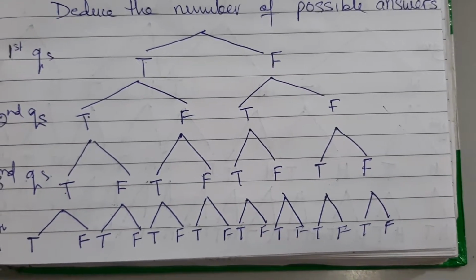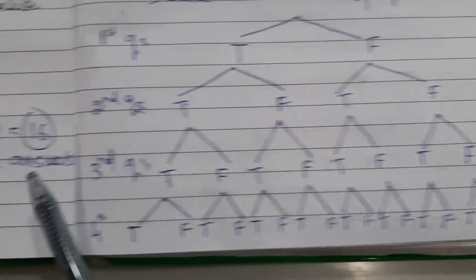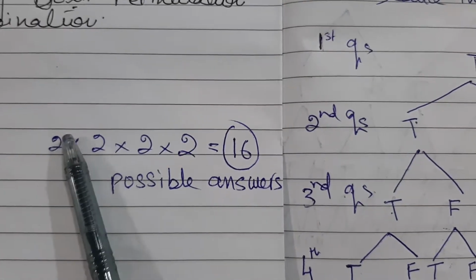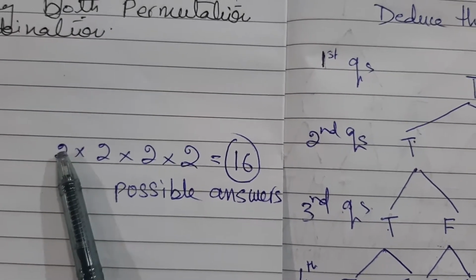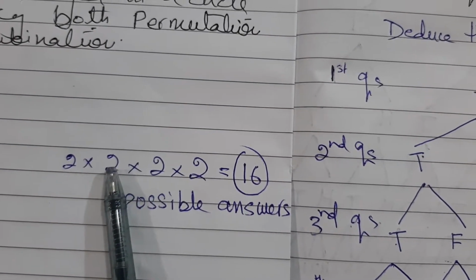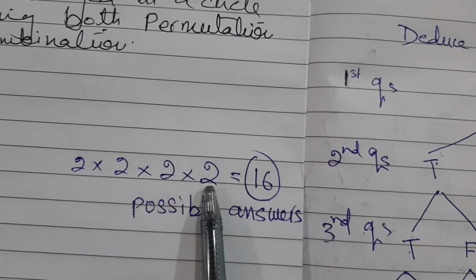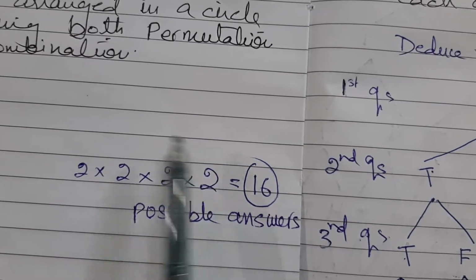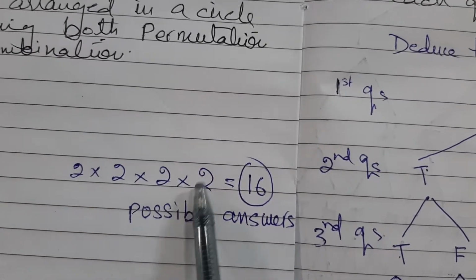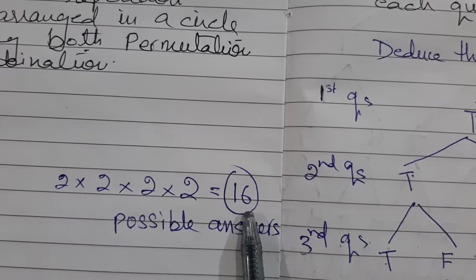I'm repeating, the number of ways of each task. So there are 2 ways to answer question 1, 2 ways to answer question 2, 2 ways to answer question 3, 2 ways to answer question 4. If I multiply all of them, I will get the possible number of ways.